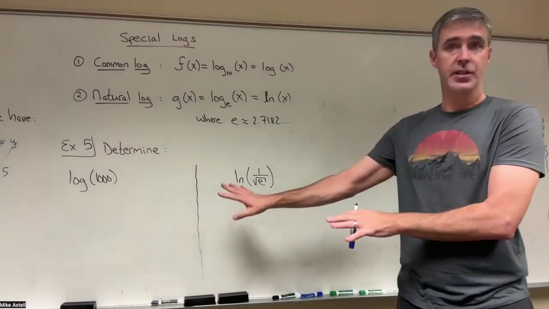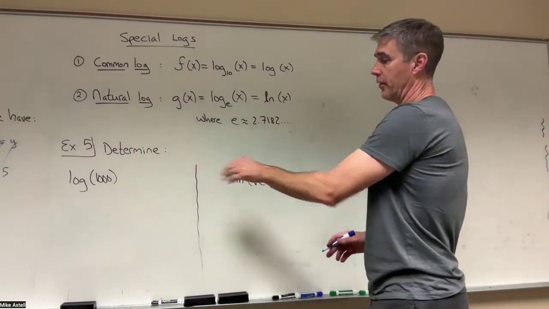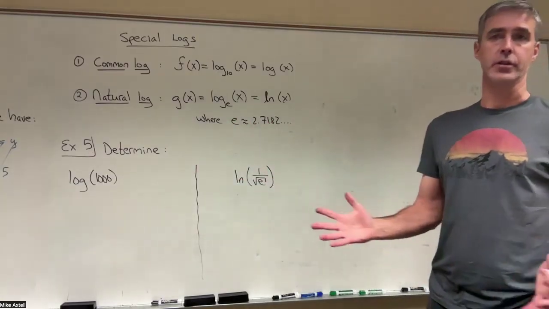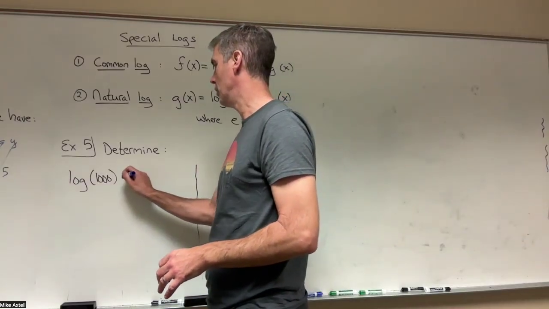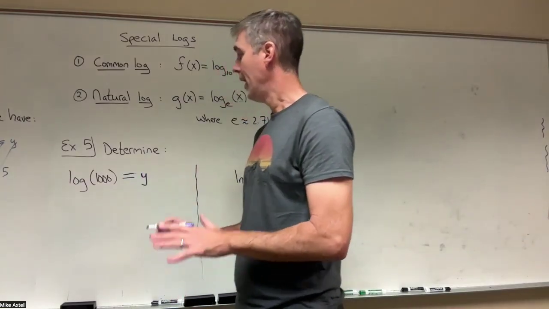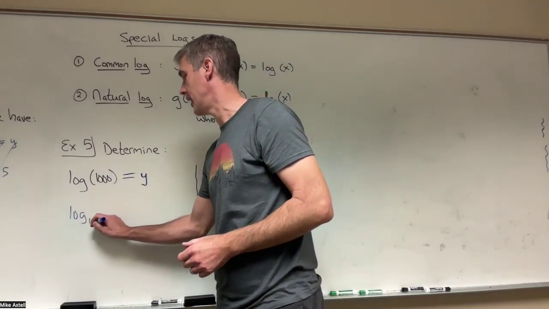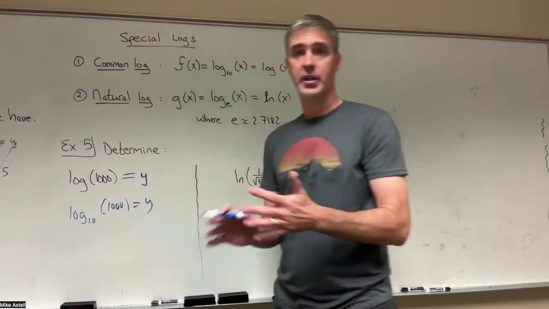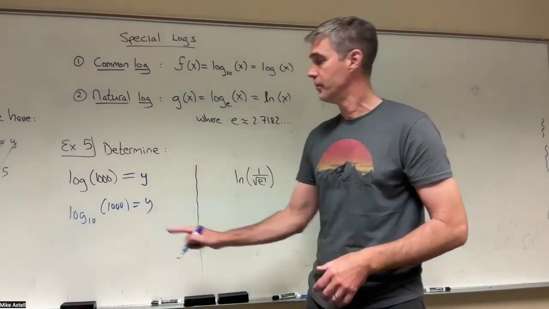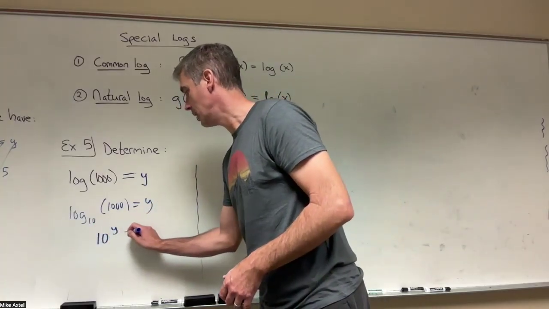Okay, so let's just test this out, see how it goes. Let's determine the common log of 1,000 and the natural log of 1 over the square root of e. So common log of 1,000, if I want to know what it equals, I'll just set it equal to y. And I know in my head that the common log is the log base 10 of 1,000. I'm just going to flip it into its exponential form. So 10 to the y equals 1,000.